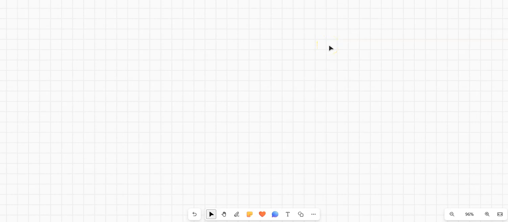Let's talk a bit about function transformations. So, as far as the transformations go, we have up, down, left, right, and those are all translations.